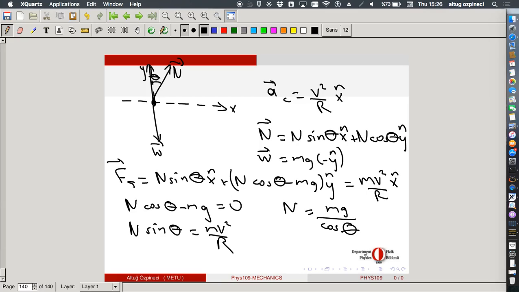So once theta is fixed, the normal force is fixed. For a given road, n times sine theta will be fixed for you. So if you increase your speed, you should also increase the r.